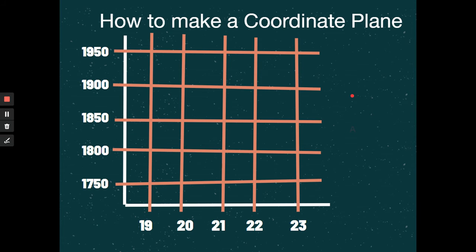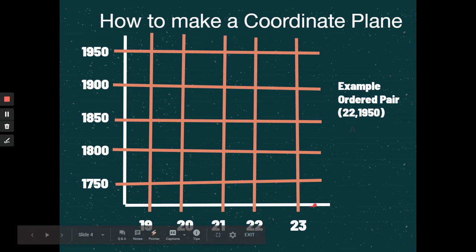So, for example, if I had an ordered pair, say that on the 22nd of April there were 1,950 cases. That's a giant spike from the beginning, but this is just my example, so it is what it is. So that means I'm going to go over to 22, because that's where the x is, the x-axis 22, and then I'm going to go up to 1950, and I'm going to make a little point right there.